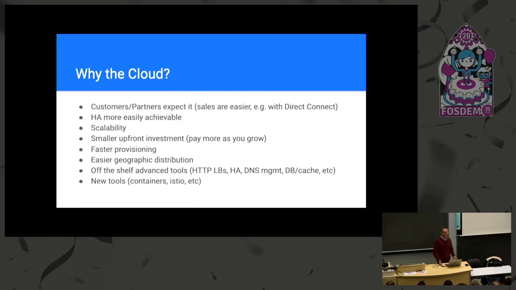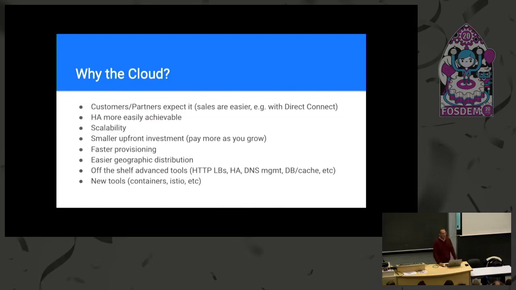So why the cloud, and why we are deploying VoIP platforms in cloud infrastructure is easy to sell. There are many advantages. Sometimes even the customers or the partners somehow expect it. HA is definitely easier to achieve, and scalability comes in an easier way. And if you are starting small, it's easier to then grow and have a small upfront investment.